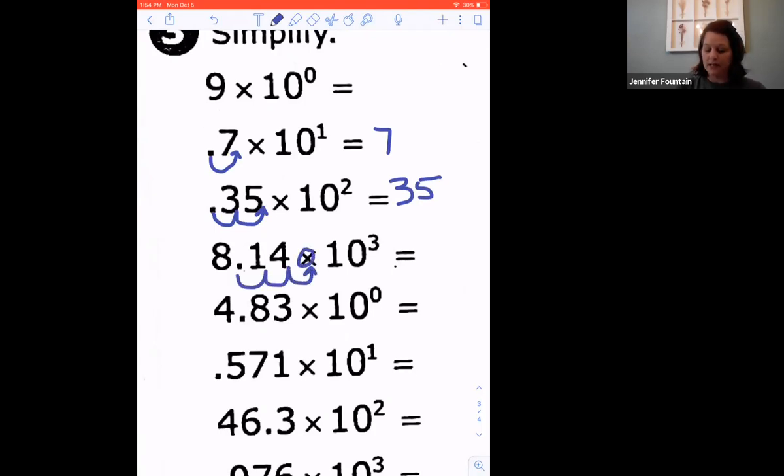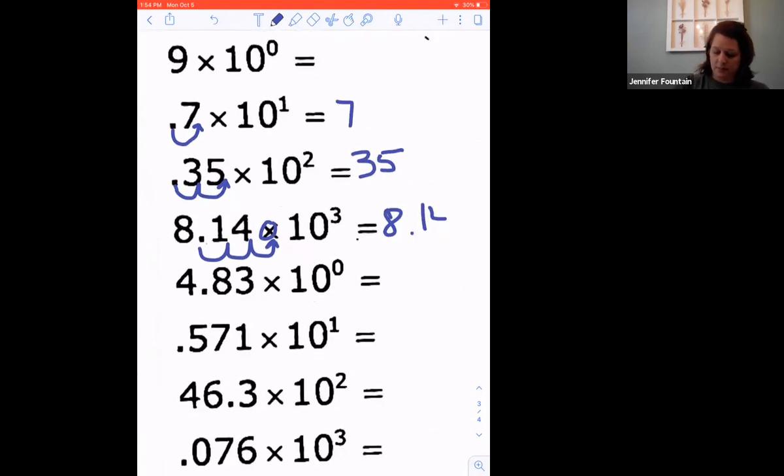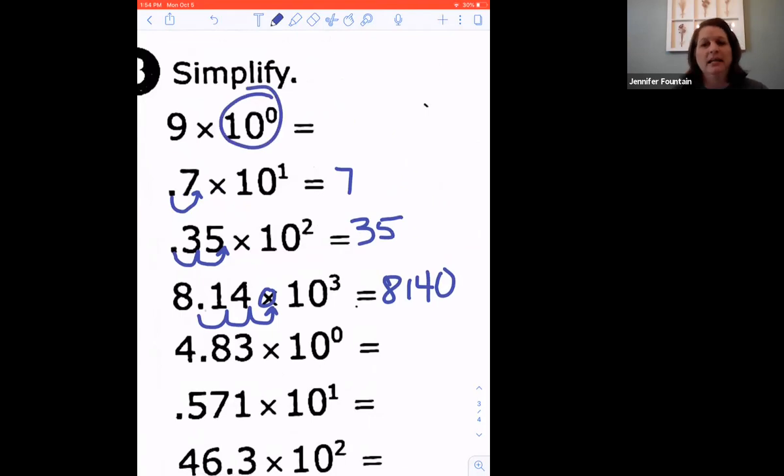If I have to put a placeholder 0, that gives 8140. Anything to the 0 power equals what? Just 1, right? So 9 times 10 to the 0 power is just going to be 9, because that's the same as 9 times 1.